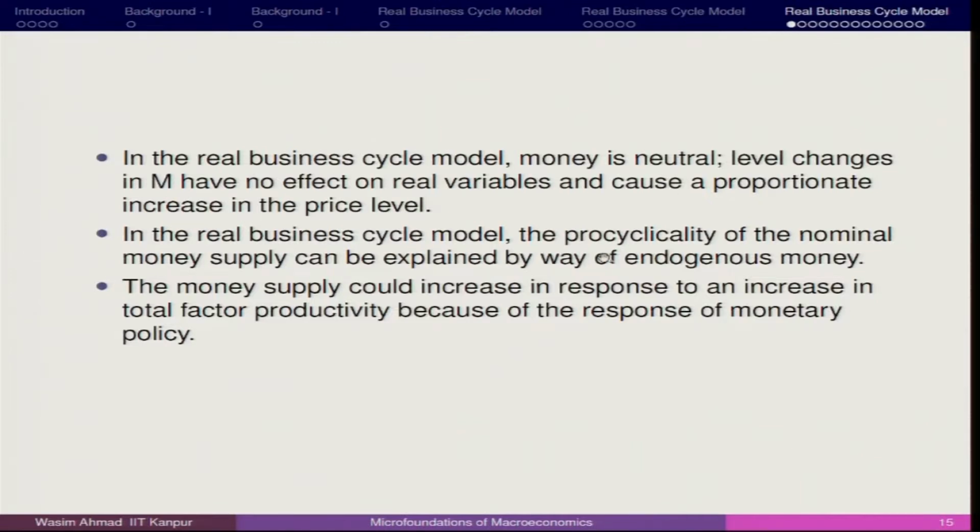In the real business cycle model, the pro-cyclicality of the money supply can be explained by way of endogenous money. In the previous session, when we talked about the monetary intertemporal model, we assumed that the money supply is exogenous, which means it is not decided within the model but comes from outside. The economic agents do not decide the shape of monetary policy; it is decided by the central bank, which takes independent decisions.